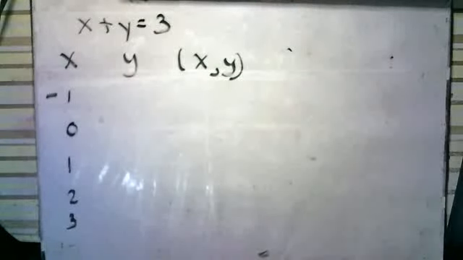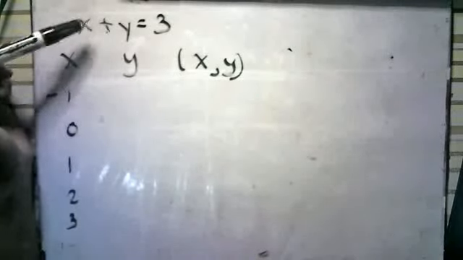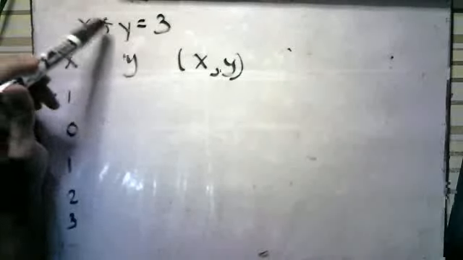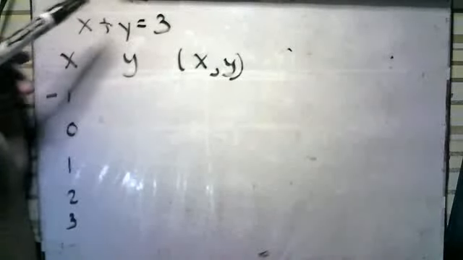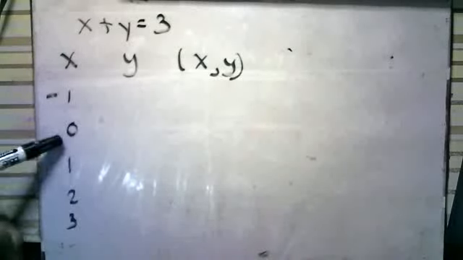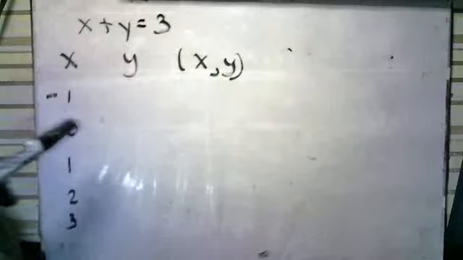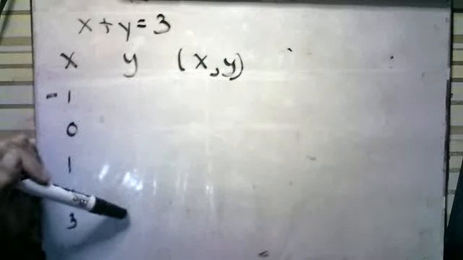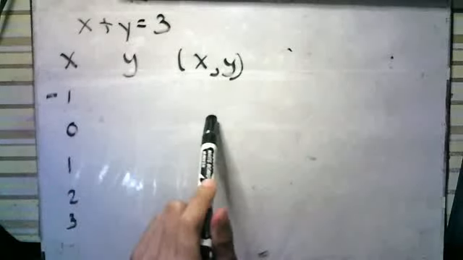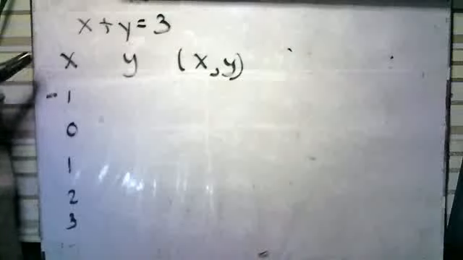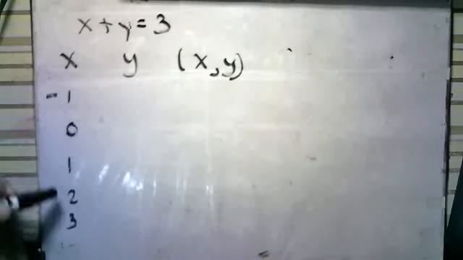For your learning task number 3, given an equation, I will give you an example. X plus y is equal to 3. And given the values of x, that will be negative 1, 0, 1, 2, and 3. You need to find the value of the y coordinate and the ordered pair. Paano po ang gagawin natin dyan? Kung mapapansin niyo po, si x po yung may given.